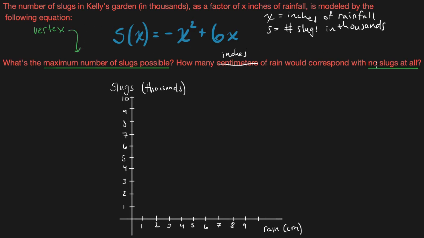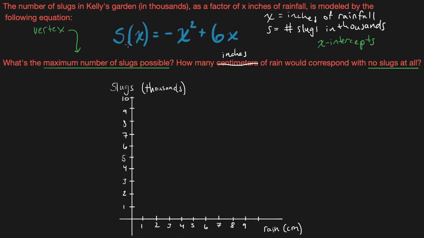And here, the point at which there are no slugs at all would be where our y-coordinate is 0. So that is going to be our x-intercepts. And that's where we're going to start. We're going to start with finding the x-intercepts of this equation.